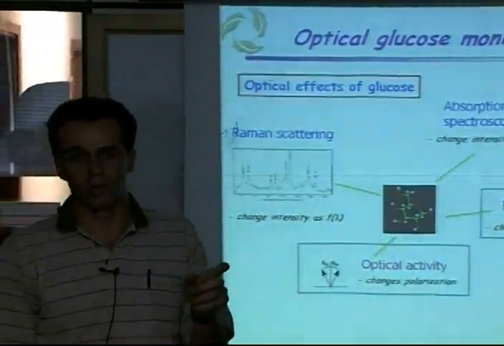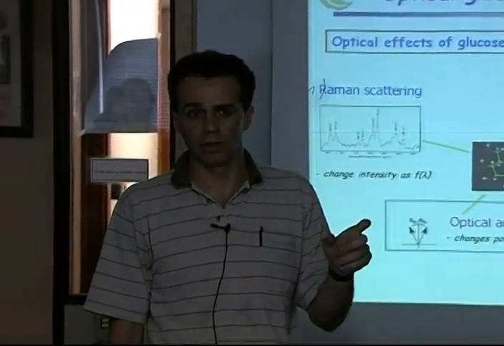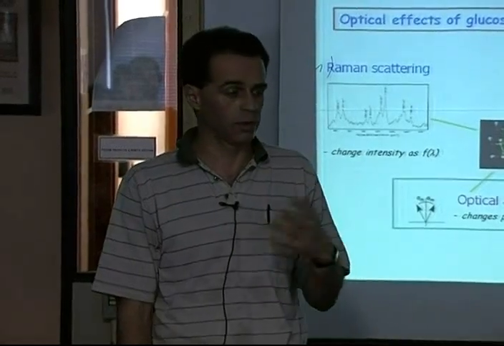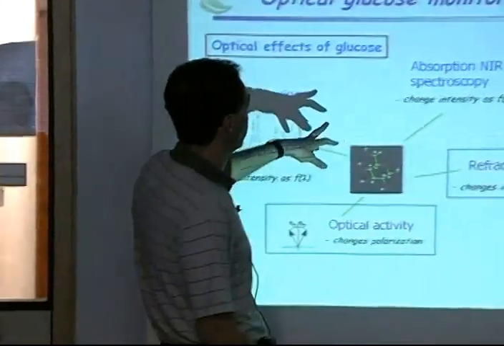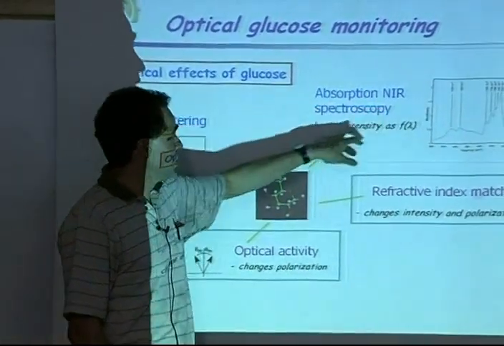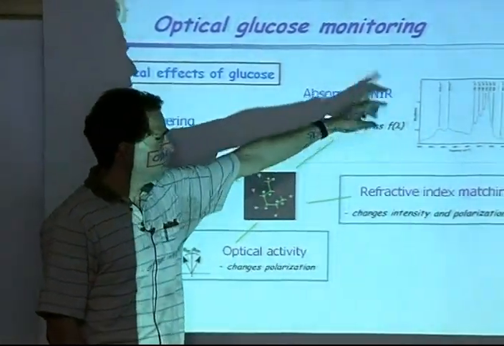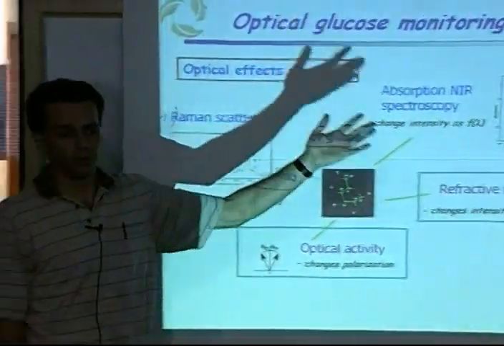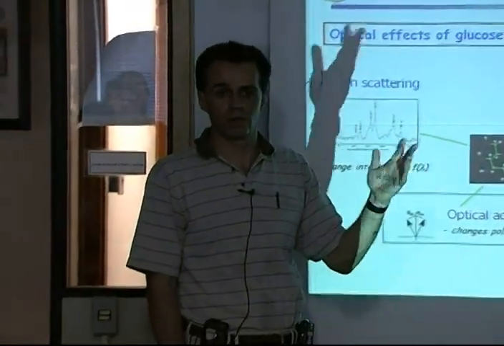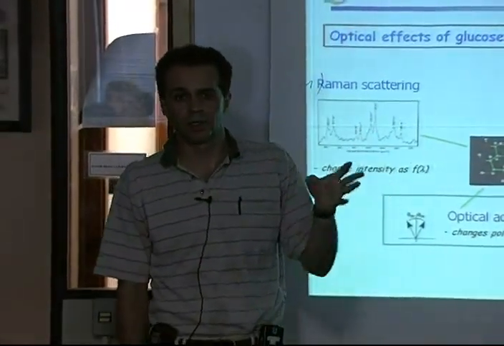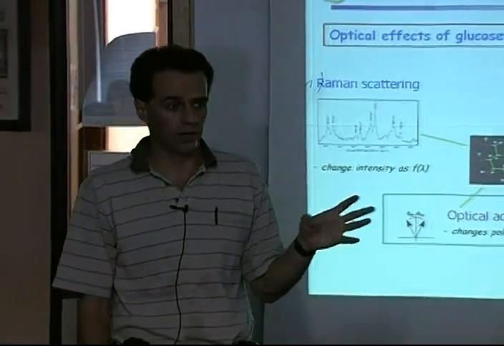So for every 1 molecule, you have, say, 1,000 water molecules, which is a much stronger absorber in the infrared. So there's a lot of confounding factors, but people have looked at absorption near infrared spectroscopy and changed the absorption spectrum as a function of glucose, as it changes from 5 millimolar to 7 millimolar to 10 millimolar. In other words, from 1 gram in a liter of blood to 1.5 grams in a liter of blood or something like that.